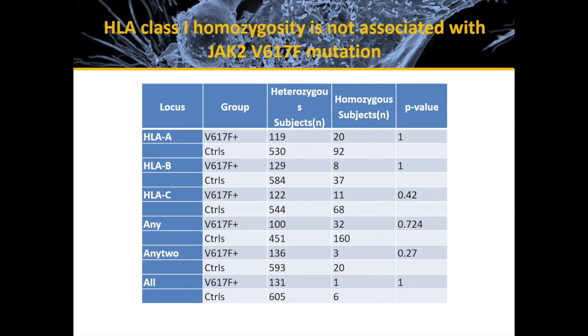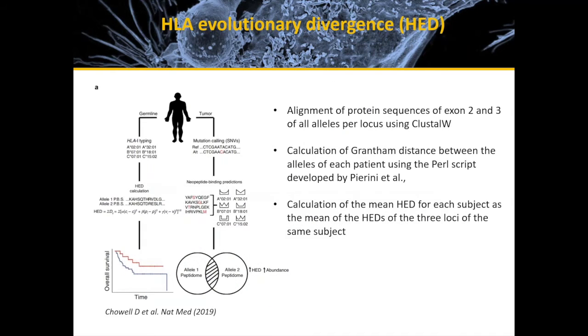Next, we analyzed the association with HLA divergence. HLA evolutionary divergence, or HED, for each MHC class 1 locus was calculated as described originally by Pierini et al. First, we aligned the protein sequences of exon 2 and 3 of the two alleles per given locus using Clustal W software.